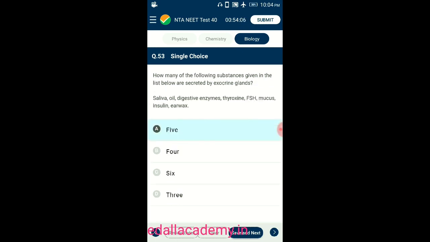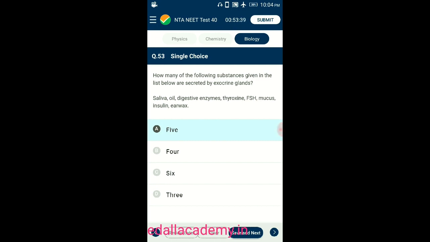Question number 53. How many of the following substances given in the list below are secreted by exocrine glands? On the basis of the mode of pouring of their secretions, glands are divided into two categories, namely exocrine and endocrine glands. Exocrine glands secrete mucus, saliva, earwax, oil, milk, digestive enzymes, and other cell products.